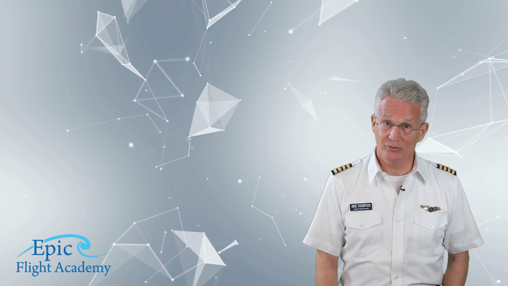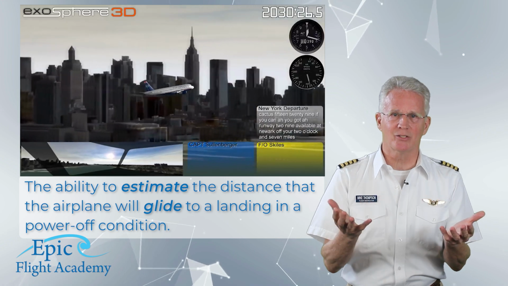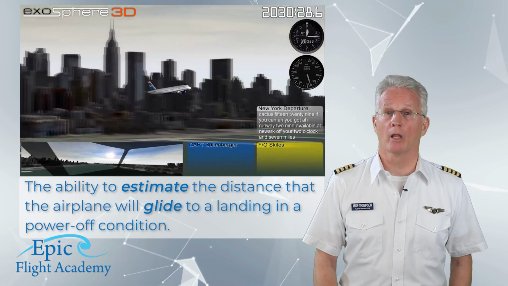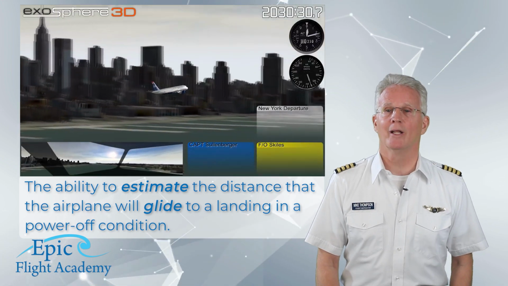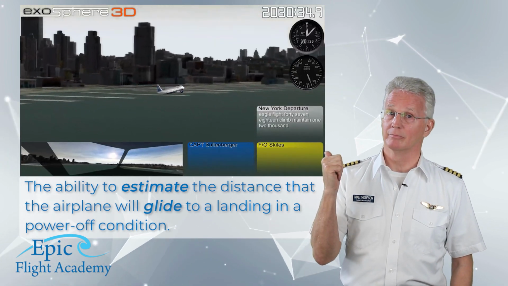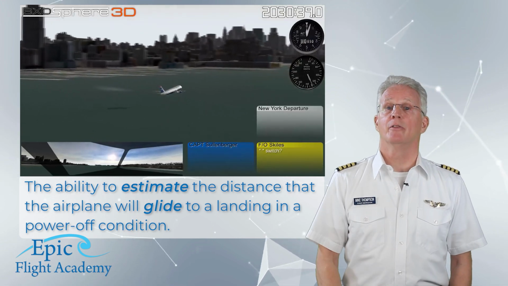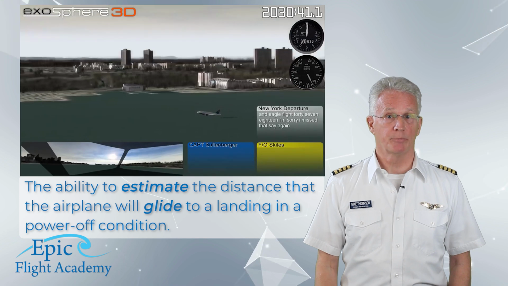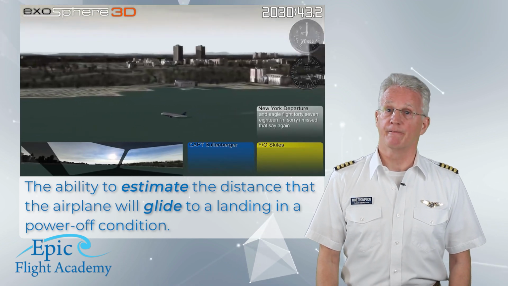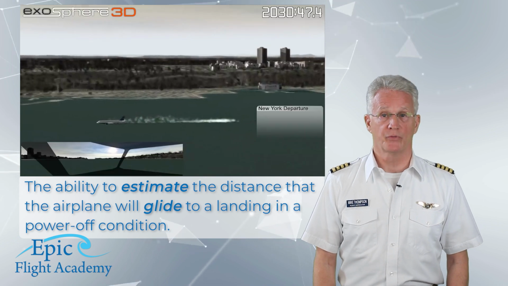And that is the ability to estimate the distance that the airplane will glide to a landing in a power-off condition. Yes, this is the essential skill that Captain Sullenberger used in the famous Hudson River landing of U.S. Airways Flight 1549.